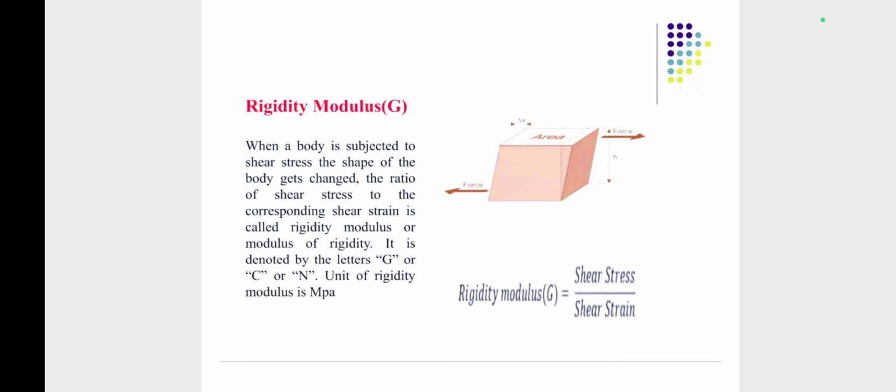The notation for modulus of rigidity is different in different books. In some books it is given by letter capital G, C or N, and the unit of modulus of rigidity is again same as that of shear stress, that is Newton per mm square or megapascal.